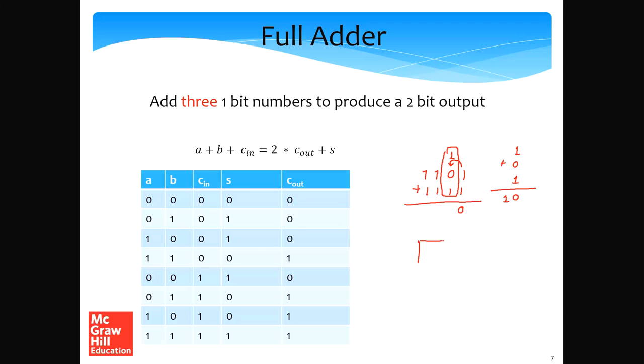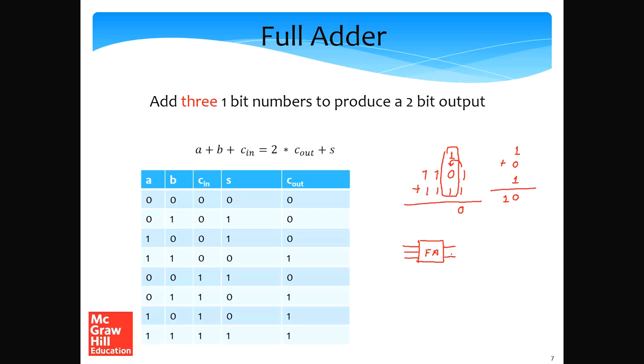A full adder is something that takes 3 bits as input. If you take 3 bits as input, the largest possible sum we can have will be 1 plus 1 plus 1, which is 3. Its binary representation is 1 1, so 2 bits are sufficient. A full adder will have 3 inputs and 2 outputs.